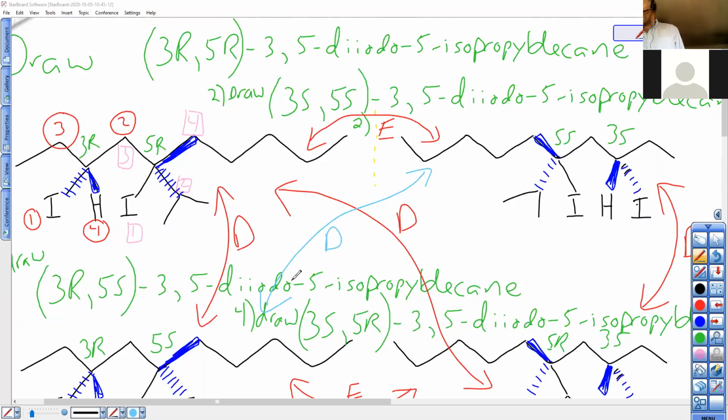Same for these two. Oh, these two are, no, they're enantiomers. Different. But if you compare 1 and 3, this was 2, or 2 and 3, the 3 changed, the 5 stayed the same. Or 2 and 4, the 3 stayed the same and 5 changed. Then you see diastereomers. They're easy to spot.